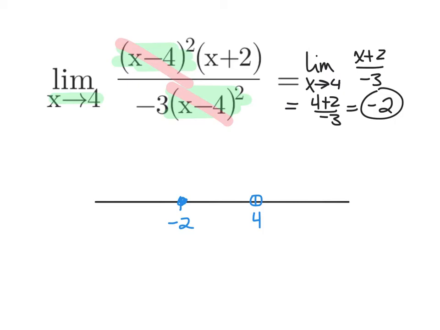If we look at the signs as we go through, pick a number smaller than negative 2, like negative a billion, everything that's squared is going to be positive, always. But negative 1 billion plus 2 is negative. Negative 3 is always negative. So this part of the function will be positive. After that, x plus 2 changes to positive, so now we're at a negative. And as we pass over 4, nothing else changes, so we're still negative.